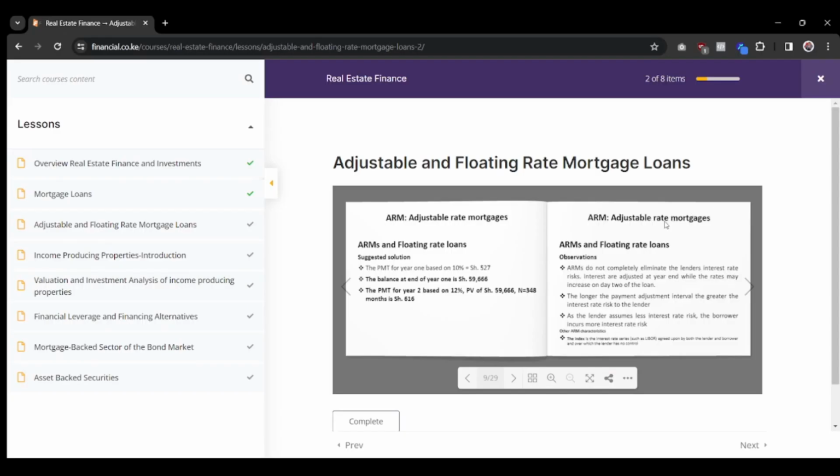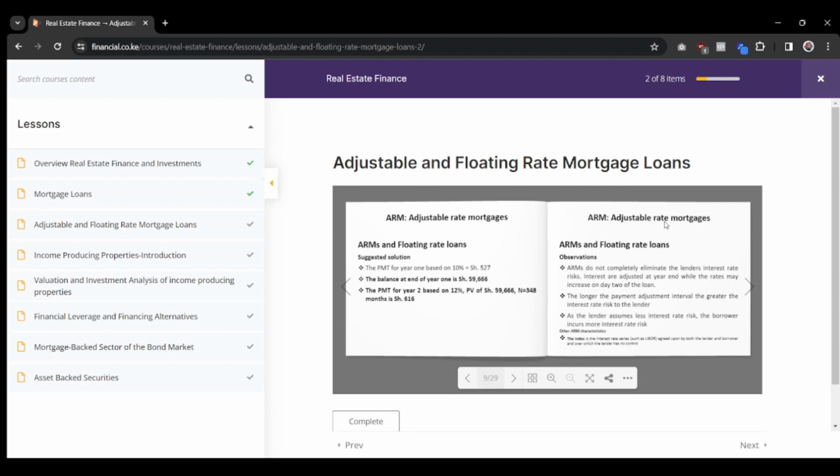We can now make the following observations related to adjustable rate mortgages and floating rate loans. The ARMs, or adjustable rate mortgages, do not completely eliminate the lender's interest rate risks.